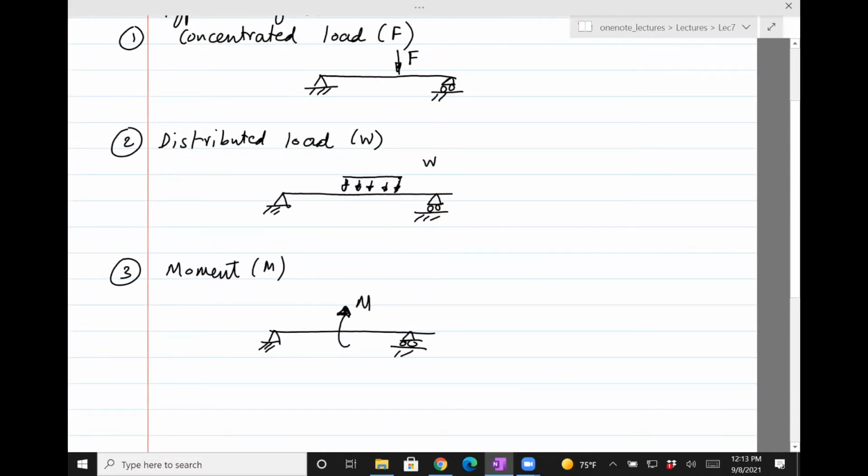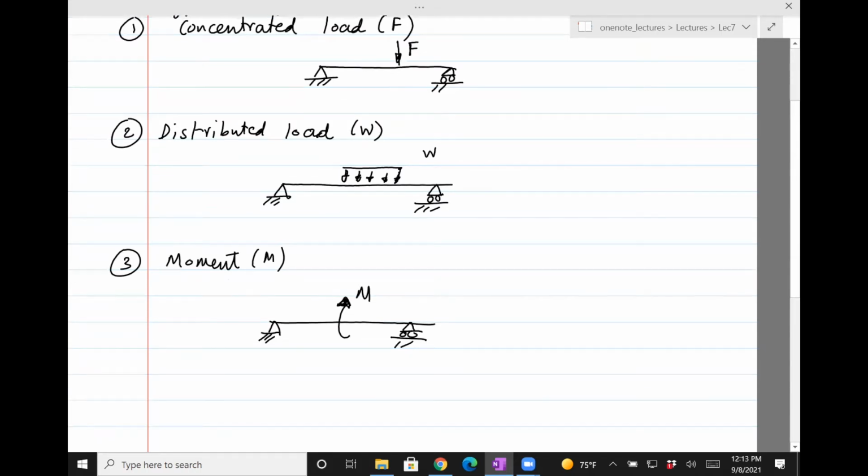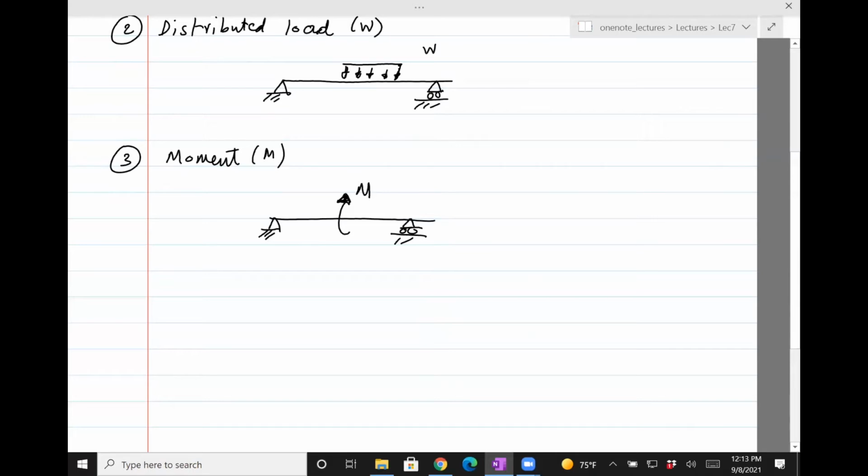So there are a couple of formulas which you should know about, and these are going to be important when we talk about shear force and bending moment diagrams. The first one is how the shear force V is a function of the moment. Normally, what you would usually do is you say that the moment is force times distance, right?